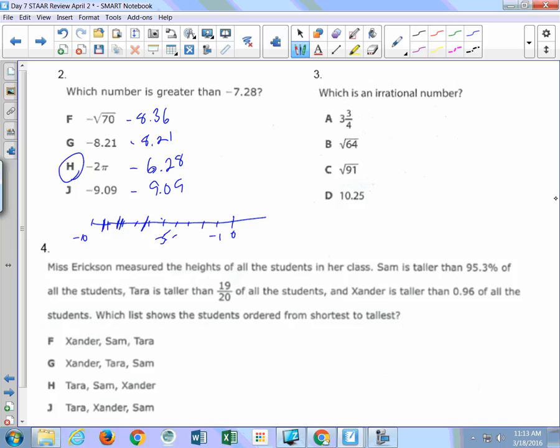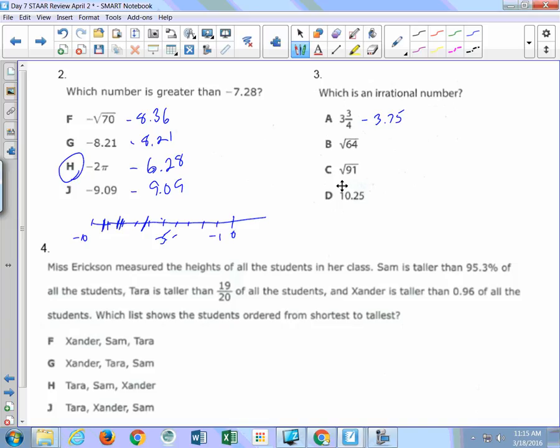Number 3. All right, number 3 says which is an irrational number. Remember, an irrational number is a decimal that never terminates and never repeats. So 3 3/4, if we write that as a decimal, comes out as 3.75.